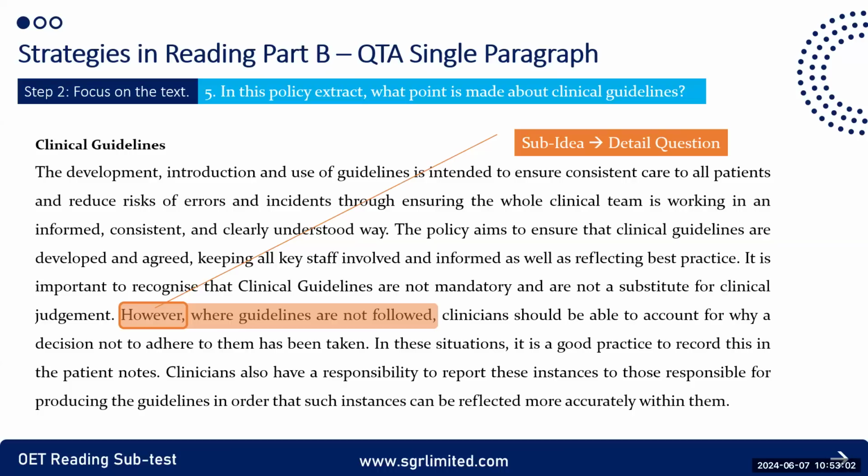With the word however, this signifies that the sentence is moving to another idea. What happens when the guidelines are not followed? This is no longer the main idea, but a sub-idea, and is more suited to a detailed question.